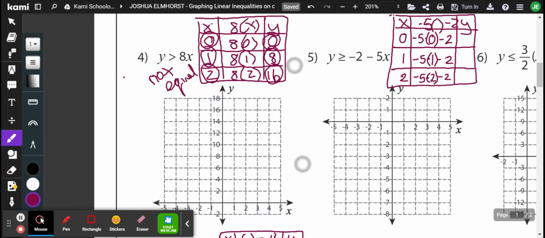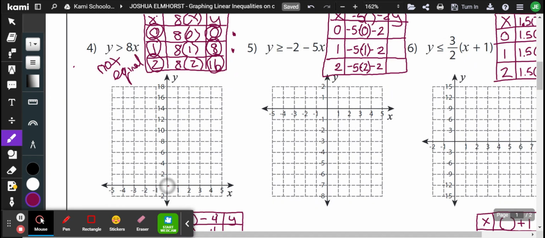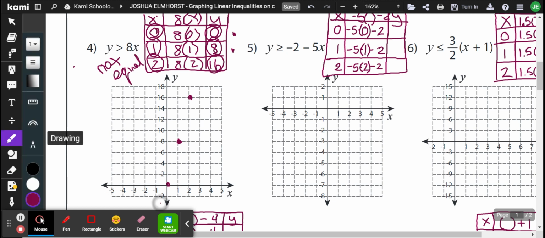So it's going to be a dashed line. So we're going to start with 0, 0, and then 1, 8. 0, 0, 1, 8, 2, 16. And we're going to have to do a dashed line.